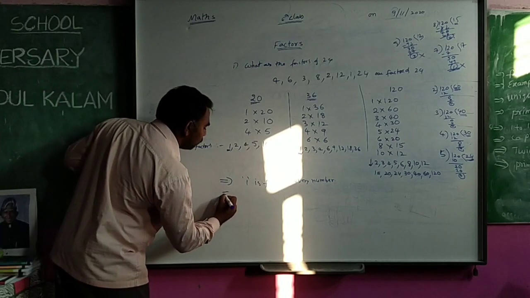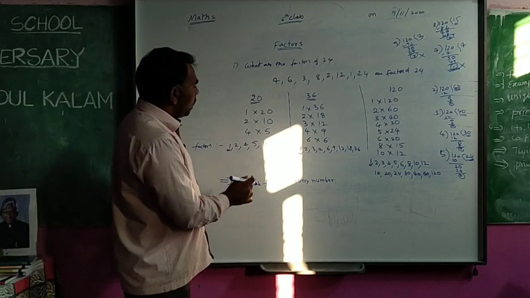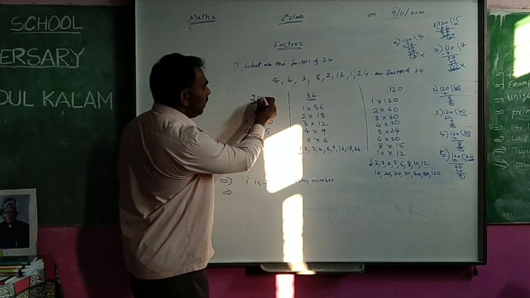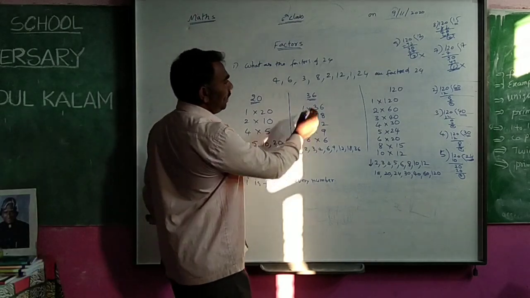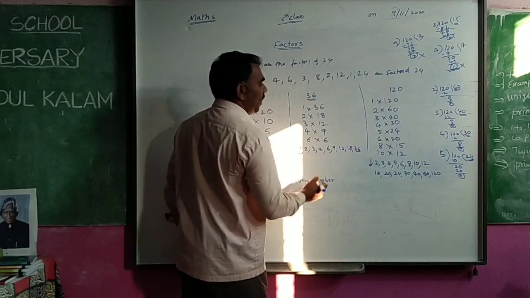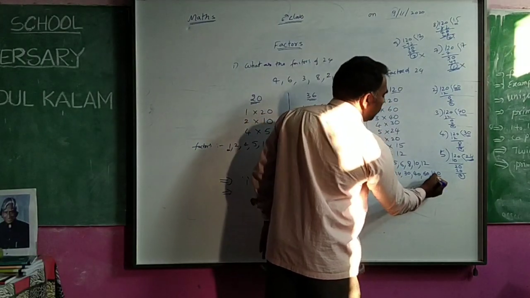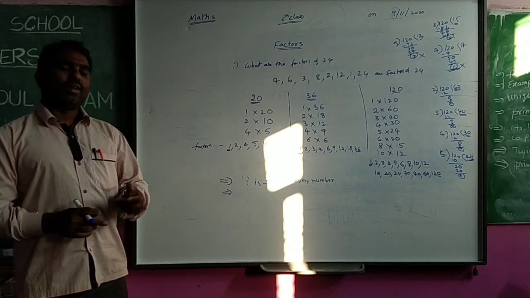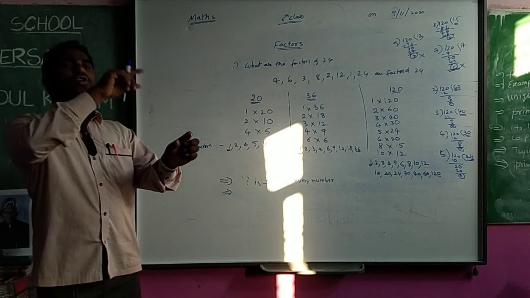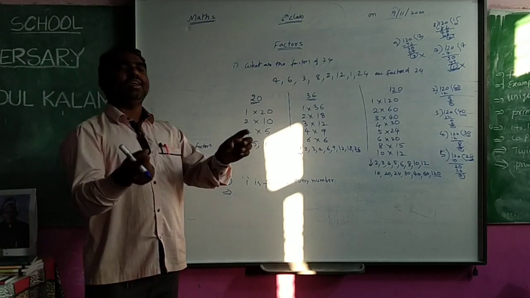Okay. Then one more thing, what are you finding here? You observe here. For 20, 20 is a factor. For 36, 36 is a factor. For 120, 120 is a factor. What do you understand? For that number, the number itself is a factor. For 70, 70 is a factor.